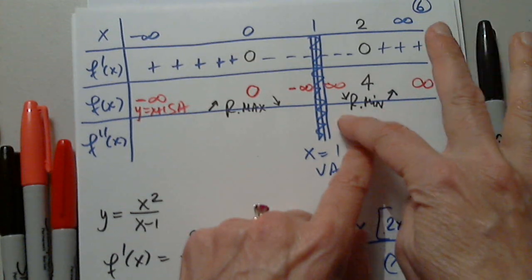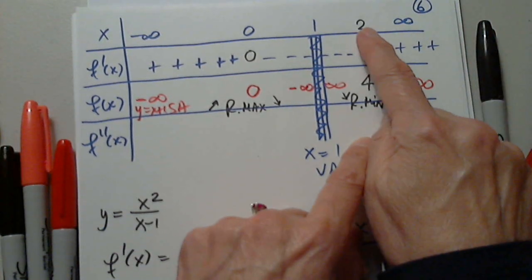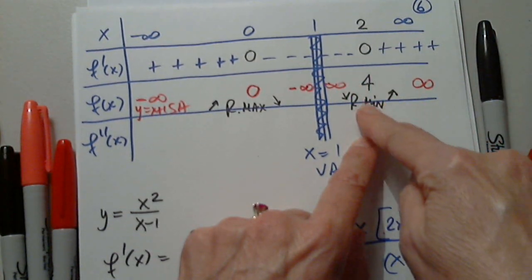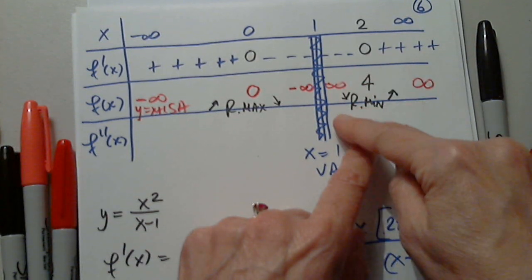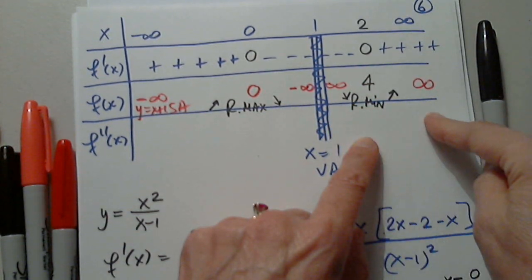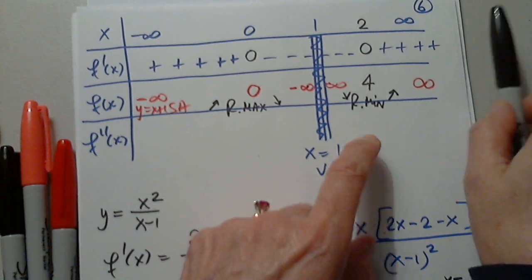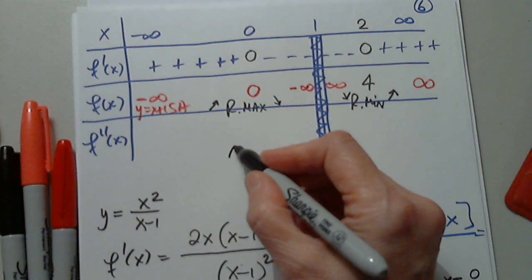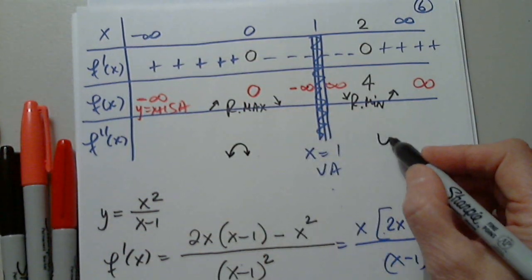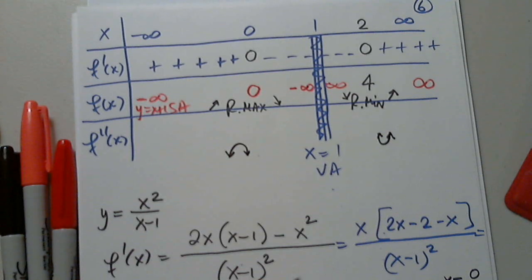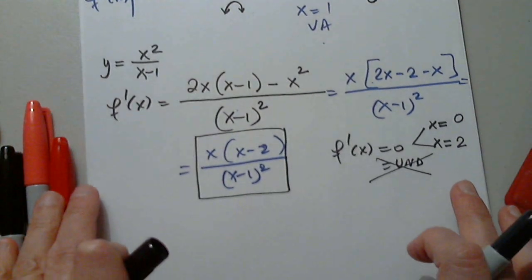What do you think the sign will be here? When there is a critical number and we know it's a relative minimum, what will the sign of the second derivative be? Positive. Yes. So we expect this and we expect this. But let's do the calculations.